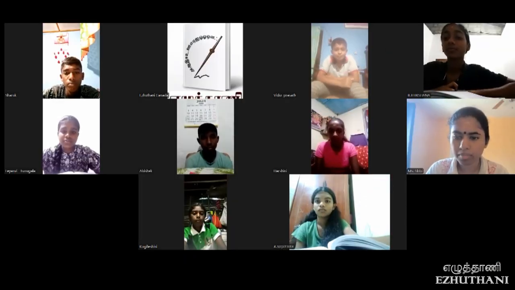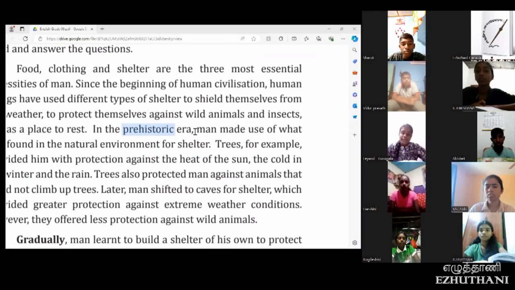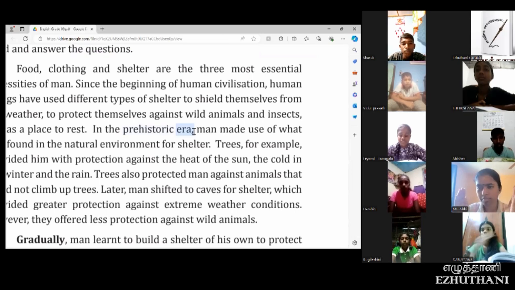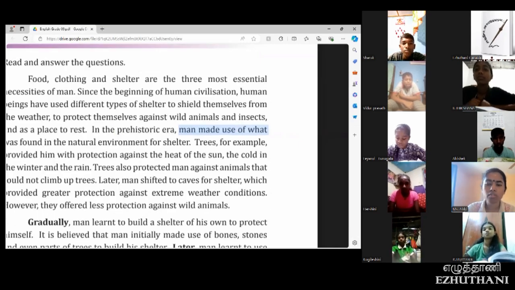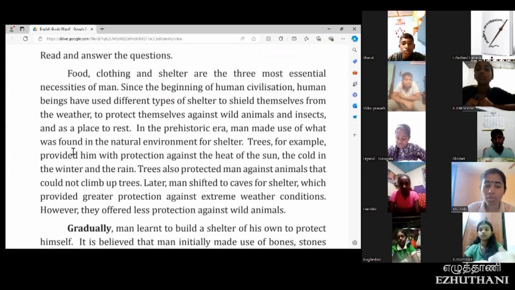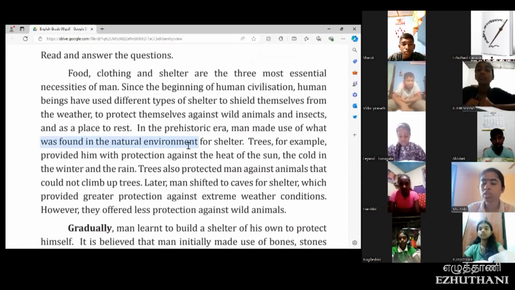Okay, teacher. Okay. So prehistoric era. Era just means அந்த குறிப்பிட்ட காலம். So in the prehistoric era, குறிப்பிட்ட காலம், man made use of what was found in the natural environment for shelter.